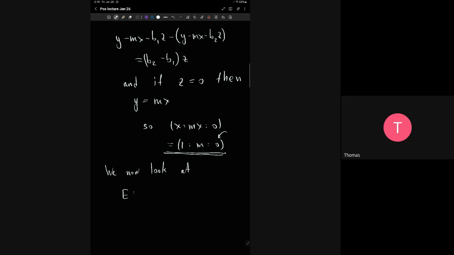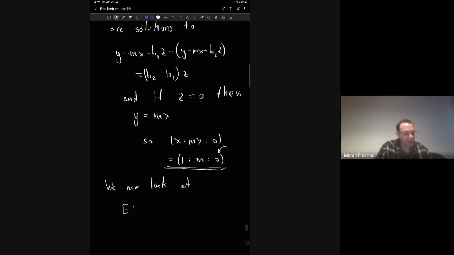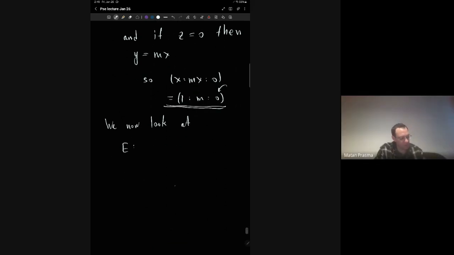Sorry, I have one question. So this homogenization we used to get this into the projective space, right? Where did that come from? It comes from the fact that I want to think of A2 as embedded in P2. P2 is like A3 minus something modulo something, right? And I want to take (x, y) here to (x, y, 1).